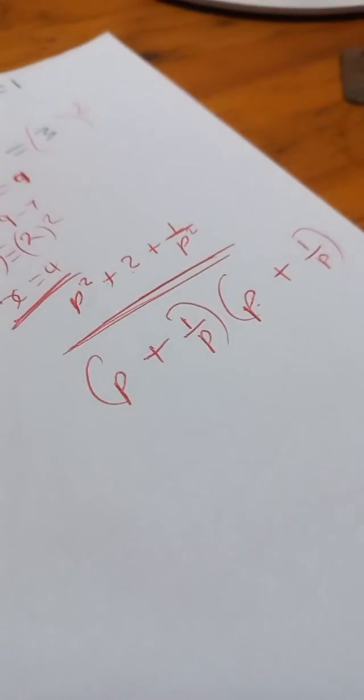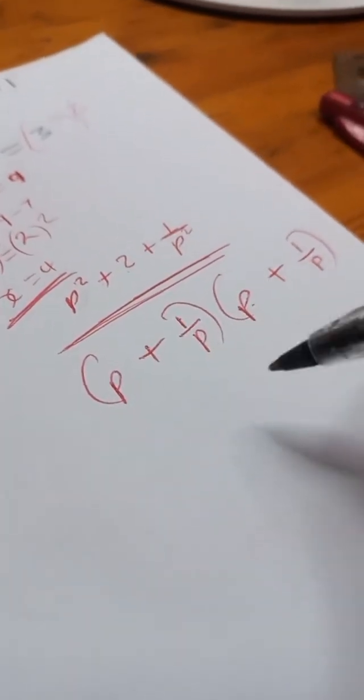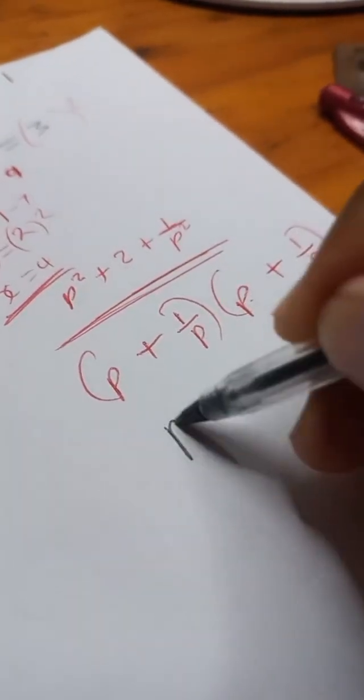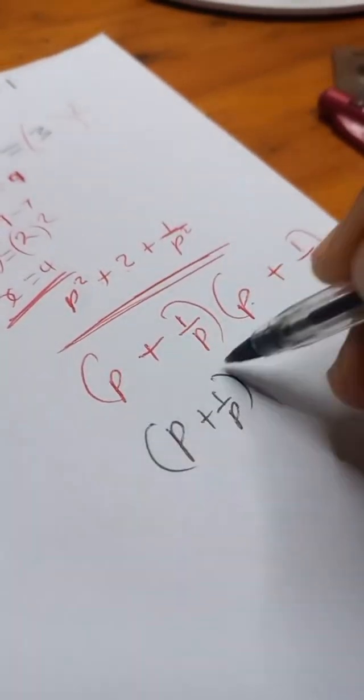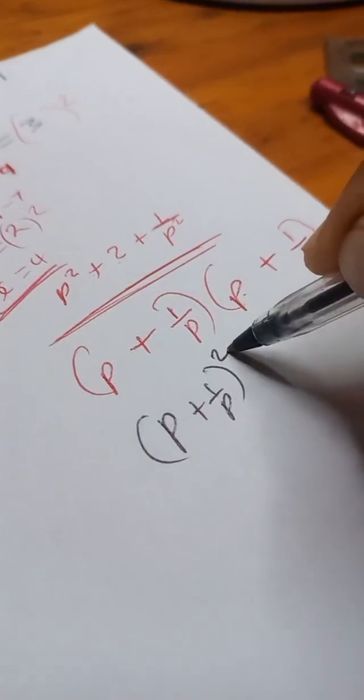Plus, plus. So literally we're just trying to factorize here. After factorizing, it's going to be P plus 1 over P, open brackets, squared, right?